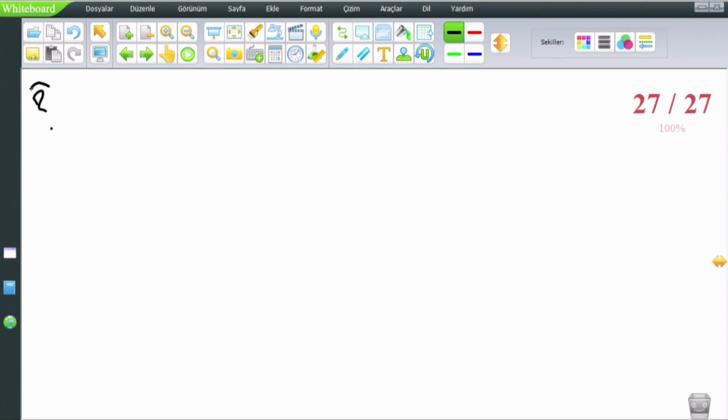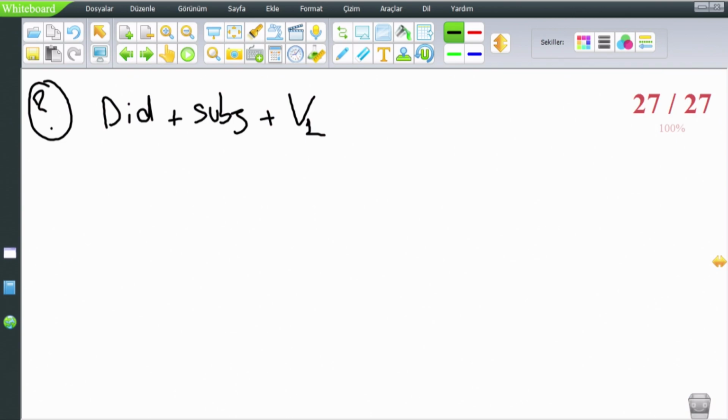Let's talk about question form. We take did at the beginning of the sentence, subject, again, verb 1 form, and object, place, etc. Did you text me?